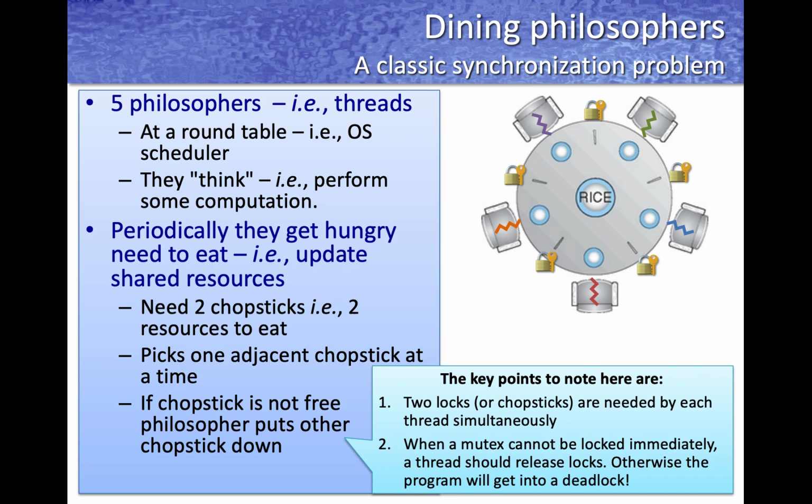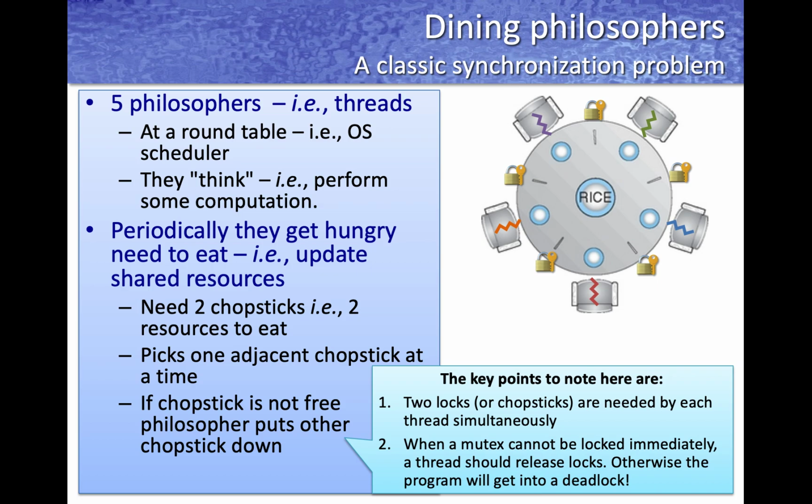So when you try to lock one mutex or pick up one chopstick, if the philosopher is not able to lock the other mutex or pick up the other chopstick, you should unlock the previous one that you got. If you do not unlock, the program will deadlock, or no philosopher will be able to eat, and all of them will starve. So starvation is similar to a deadlock situation.